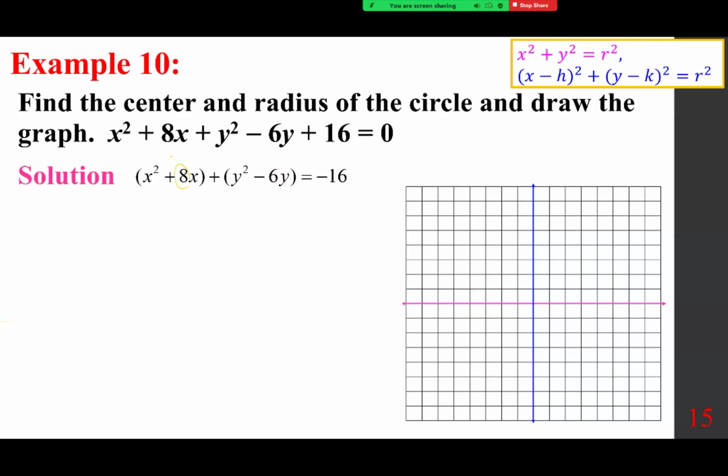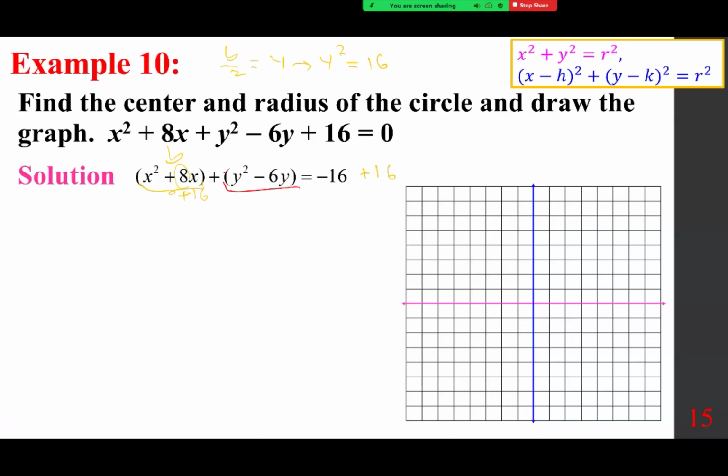This is b. If you divide it by 2, you get 4. If you square it, you need 16. So for this parentheses, you are going to add 16, which means you are going to add 16 to the other side as well.